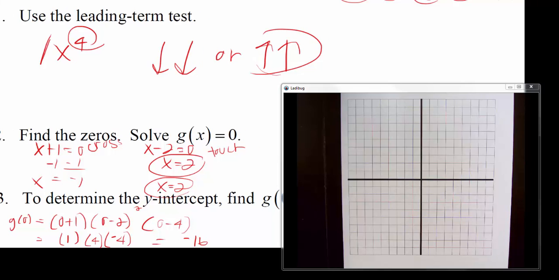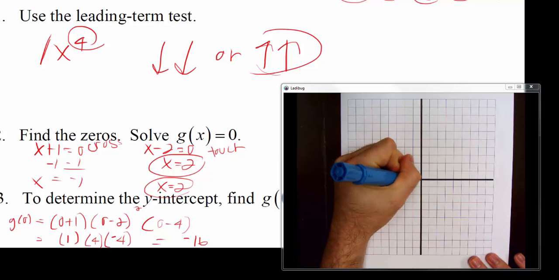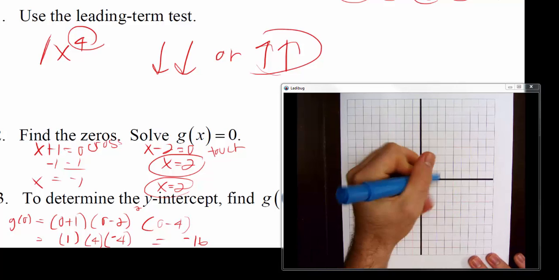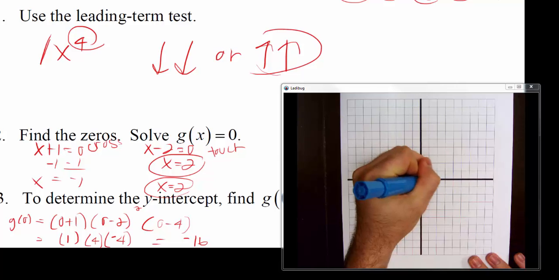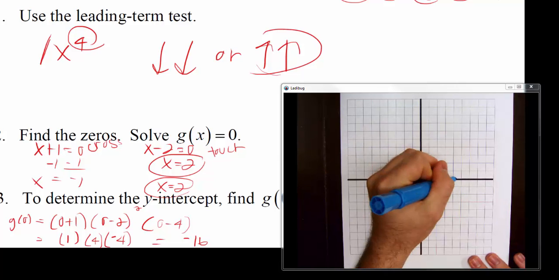So using these 3 bits of information, I'm going to start sketching my graph. I'm going to start off by using step 2, what I found there, and plotting my zeros, which is basically an x-intercept. I had one at negative 1, another at 2, and another at 4.